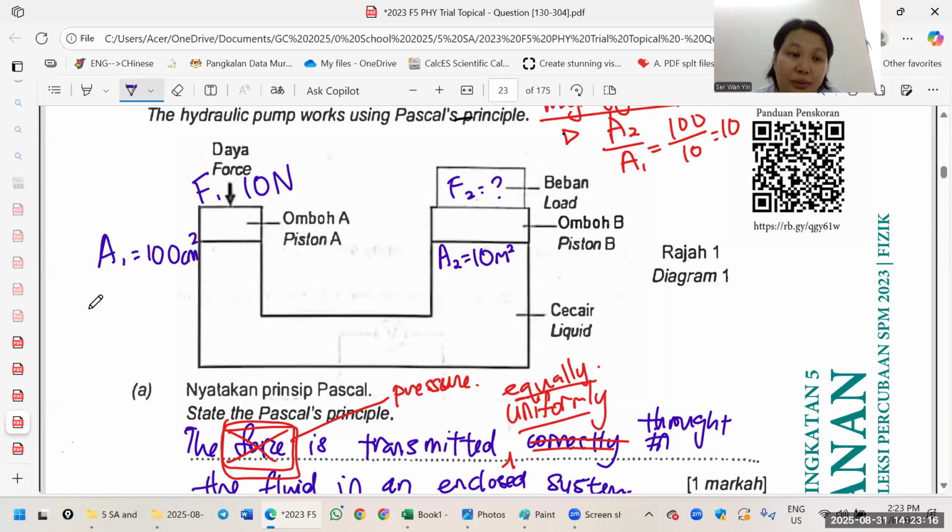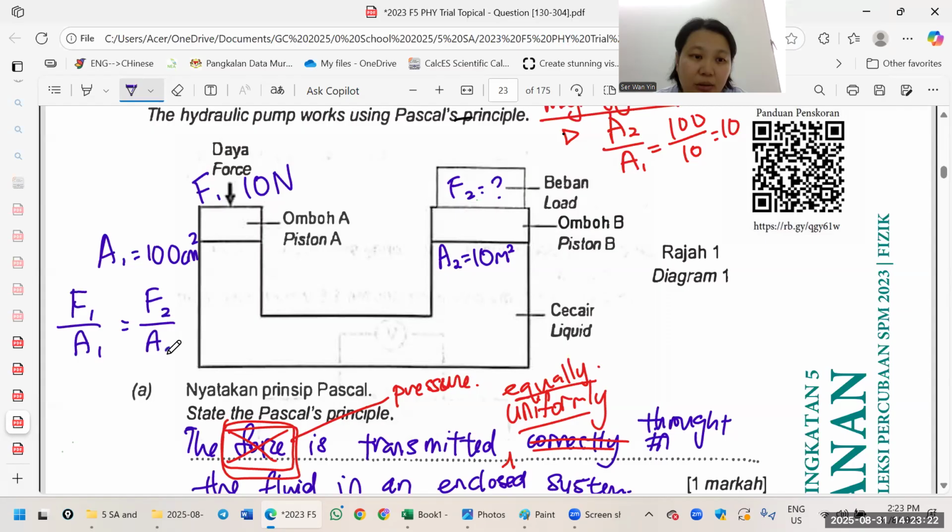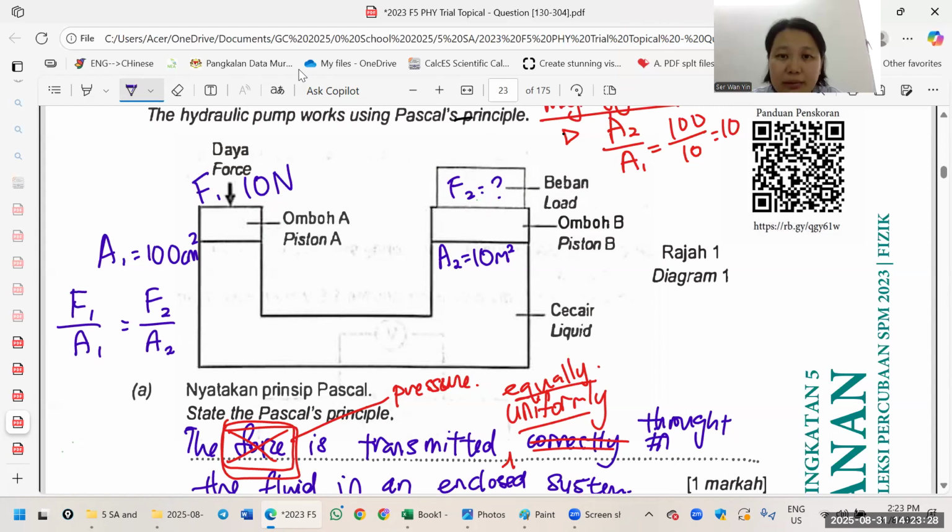Okay, Pascal principle is F1 over A1 equals to F2 over A2. So we substitute. Pressure 1 equals to pressure 2.